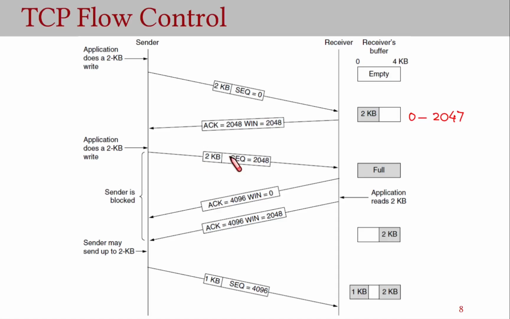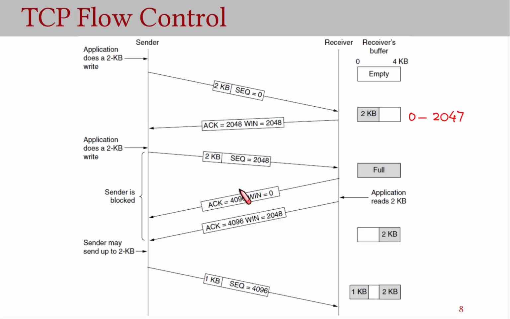Next, the sender is going to send a 2 kilobyte segment, and the sequence number is going to be 2048 because it had sent bytes 0 through 2047 before. And now the buffer at the receiver side is full, assuming that the receiver application has not read anything.